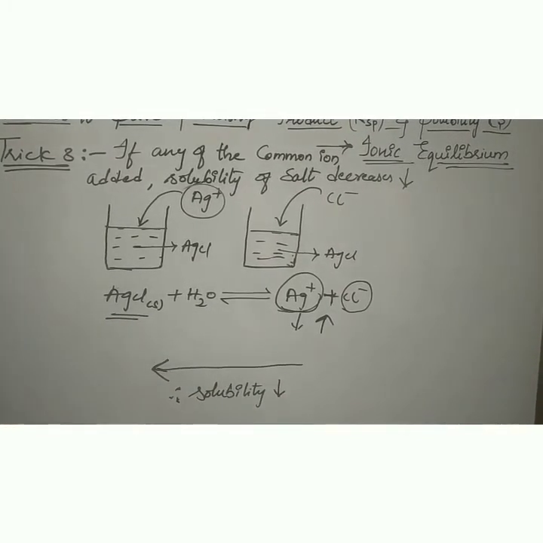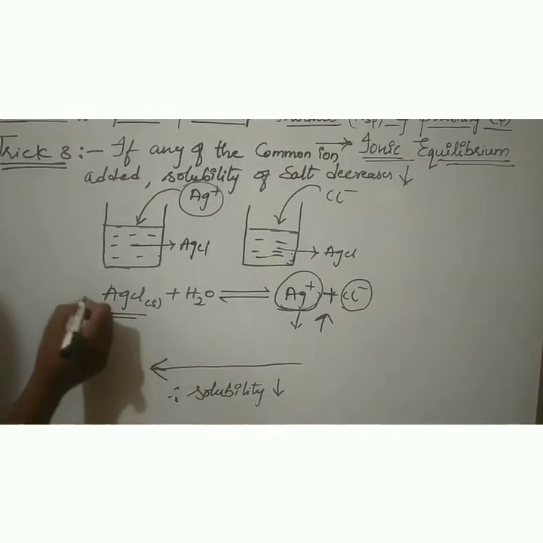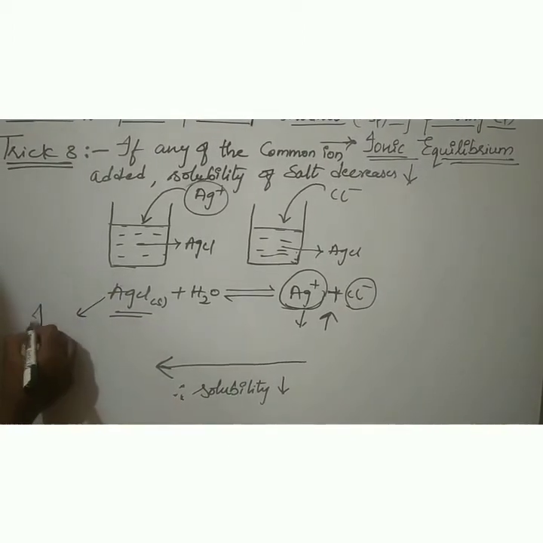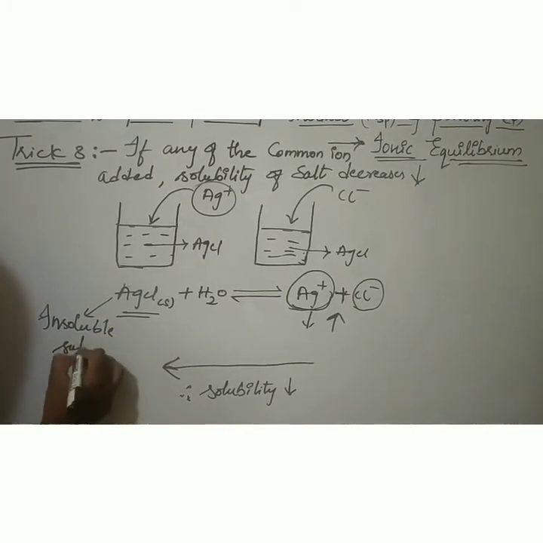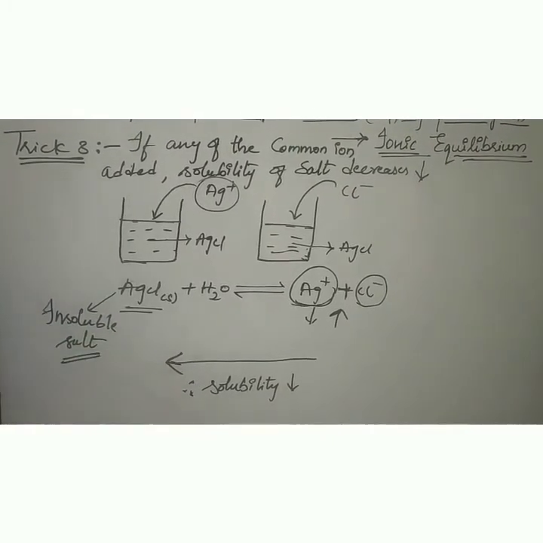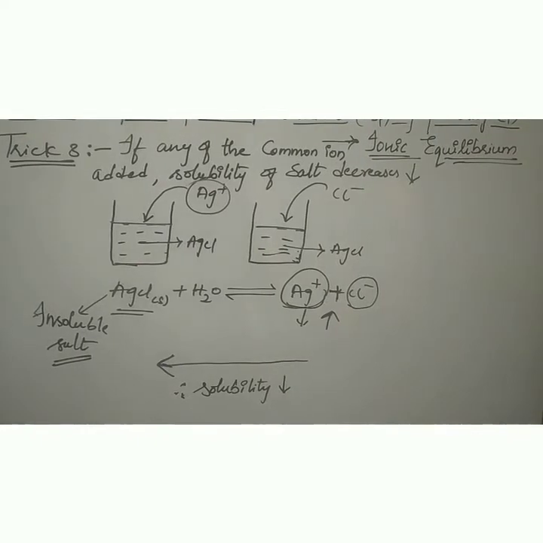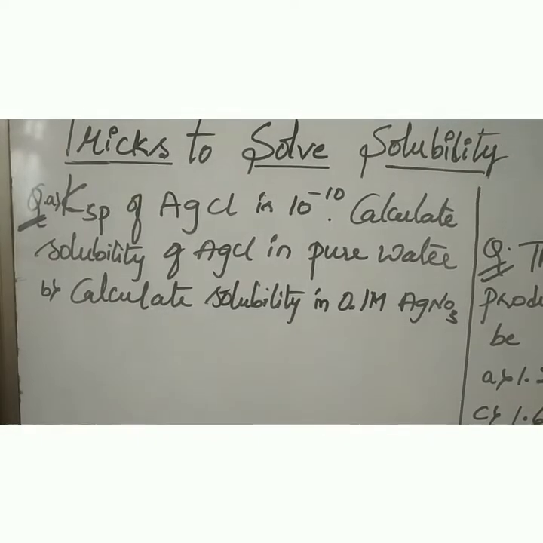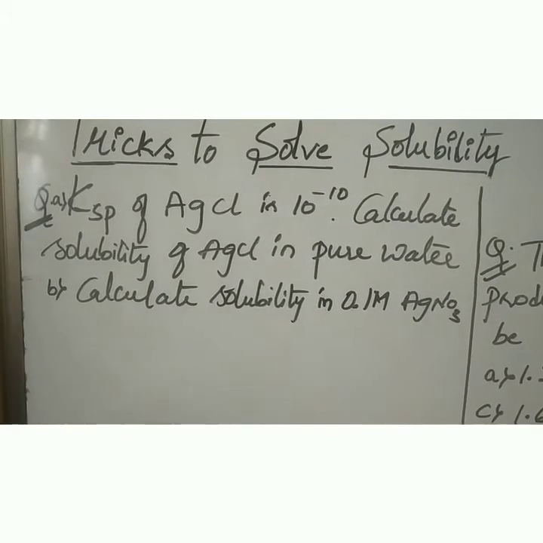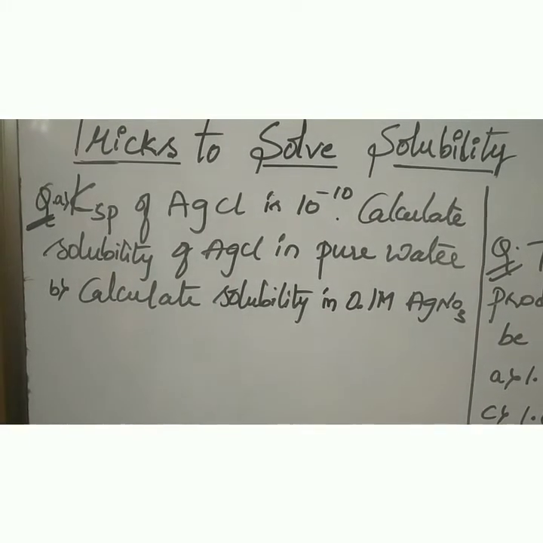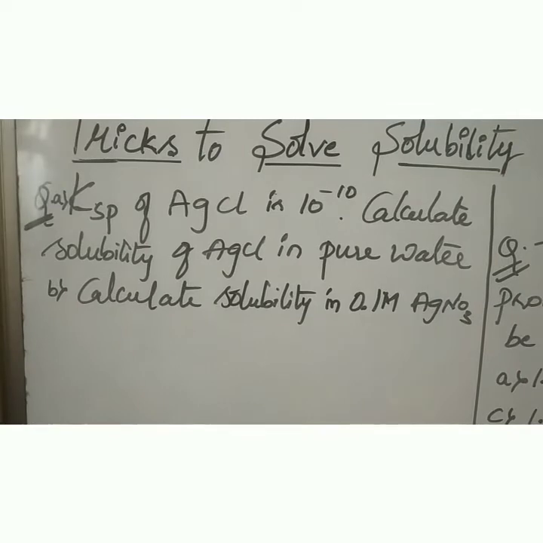Because we are using an insoluble salt, to find how much it is going to dissolve in water. As I said in trick 3, if any one of the common ions is added to the solubility product, the solubility of the salt decreases.